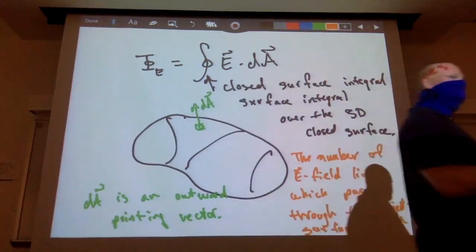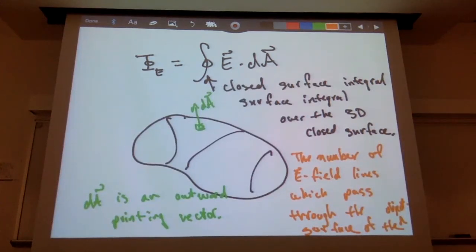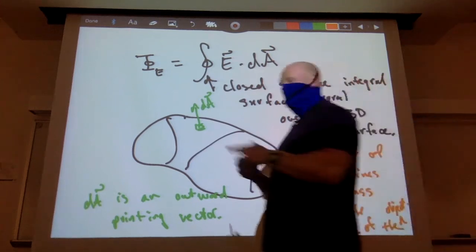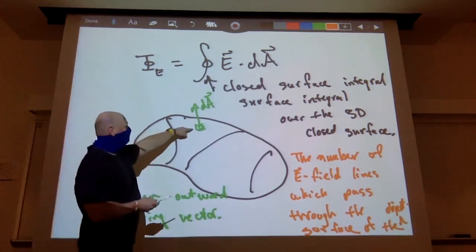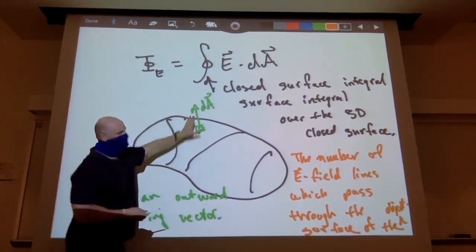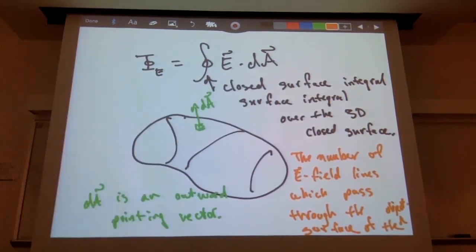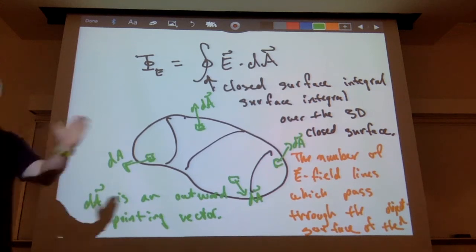The electric flux simply tells me the number of electric field lines which actually pass through the surface of this object, where the area vector is always outward facing, which means that dA here points in this direction. But if I looked at a dA on this side, so if I cut out this section, dA would actually point in this direction. If I look someplace here, dA would point in this direction. Someplace over here, dA would point in this direction, and so on. So dA is always a vector which points away from the surface.